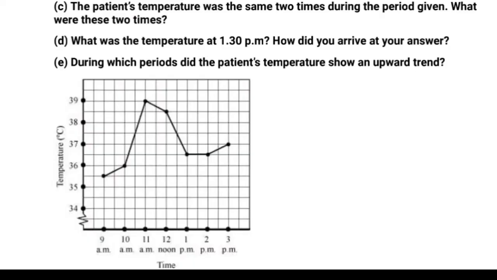So now the third part is, the patient's temperature was same 2 times during the period given. What were these 2 times? So we have to check now these 2 times. If you observe the graph, you can check the time 1 and 2. At 1 p.m. the temperature is 36.5, and on 2 p.m. that is also 36.5.